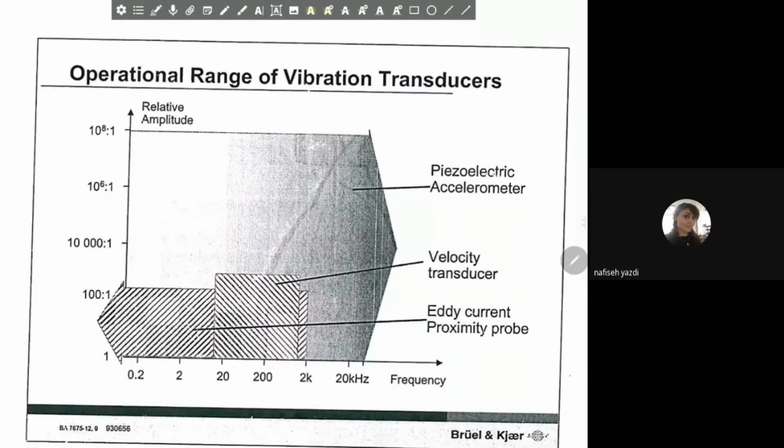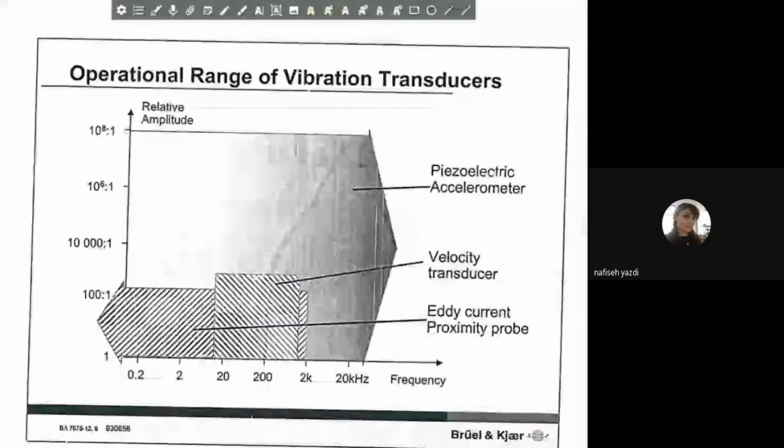It starts to be good at frequencies higher than, let's say, 10 hertz. 10 hertz starts the operating range for the accelerometers. If you have phenomena that are characterized by lower frequency, then you have to go to other transducers, strain gauges, for example, velocity or eddy current, whatever, we can use that.